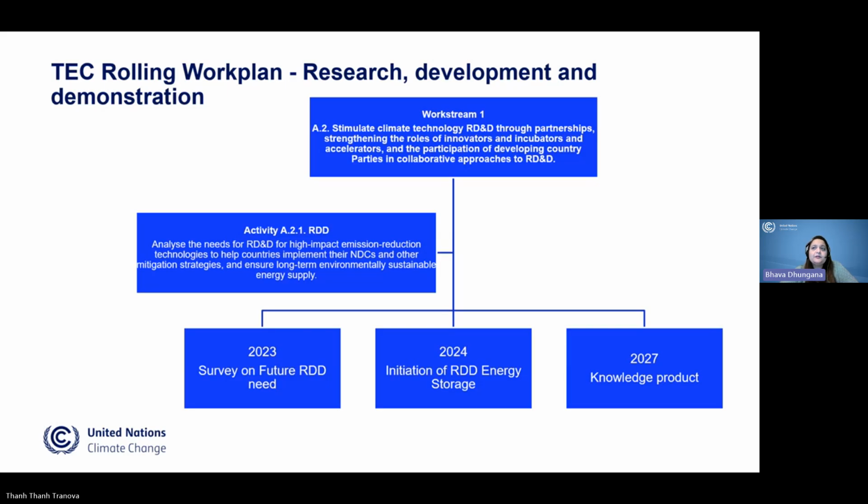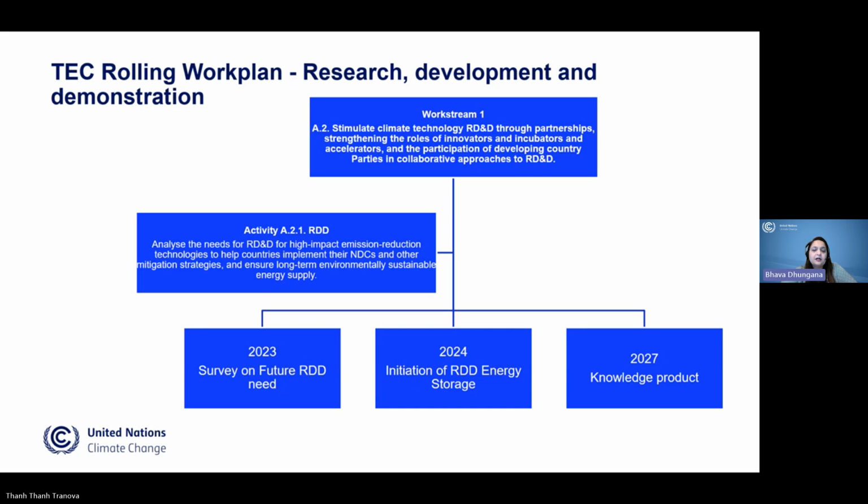The expected outcome of this work stream is to enable policies to incentivize and nurture a supportive environment for technological innovation and innovative climate solutions, which is enabled by general purpose technologies, including strengthening of national systems of innovation and participation of developing countries in cooperative innovative RD&D.